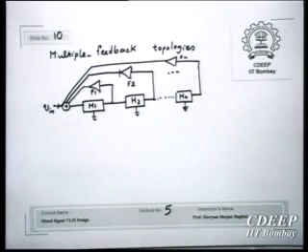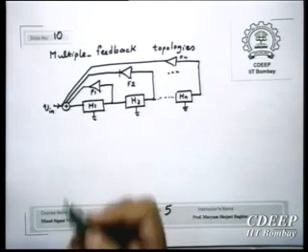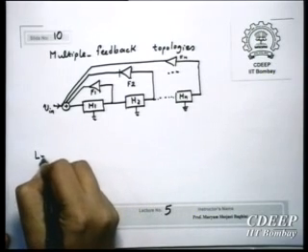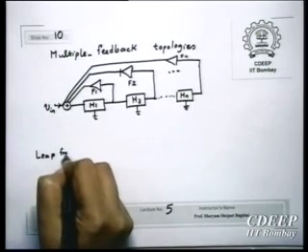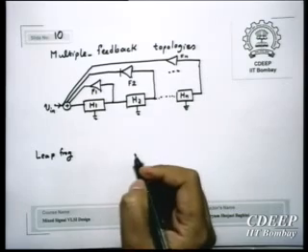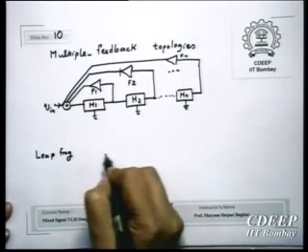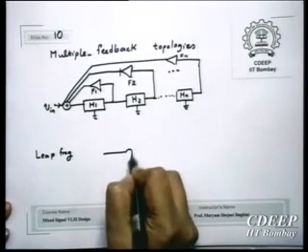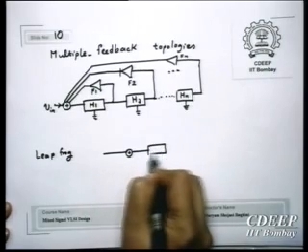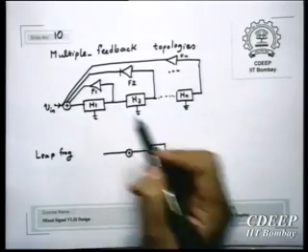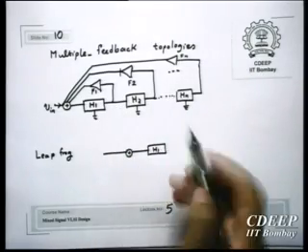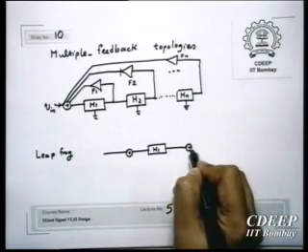The second architecture is called leapfrog, because it looks like a frog. This leapfrog topology again has H1, then now, instead of cascading, which means multiplication, we have addition.